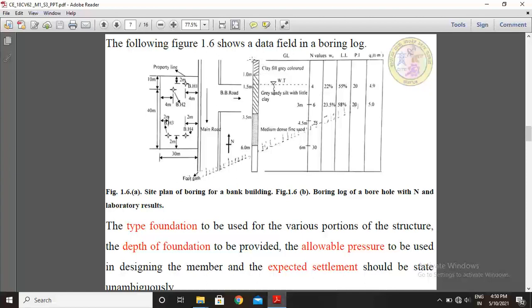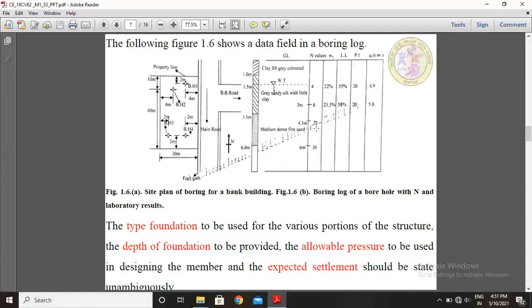This is ground level; from here to here is 1 meter depth. The type of soil is clay fill, grey colored. Below 1 meter depth, the water table is available, and from 1.5 to 3.5 meters, the soil is grey sandy silt with little clay. Below 3.5 meters to 6 meters, medium dense fine sand is available.